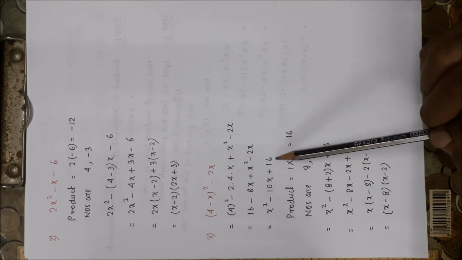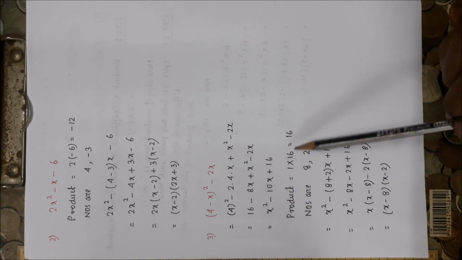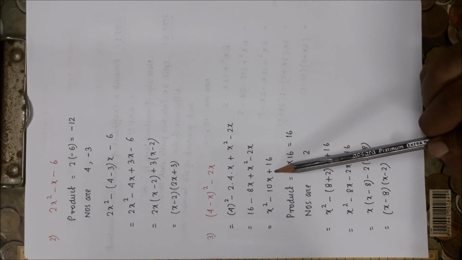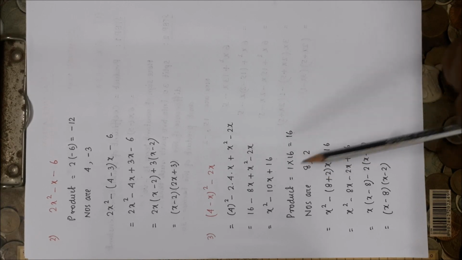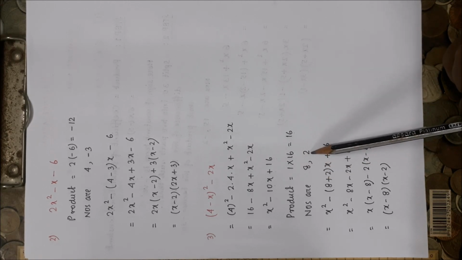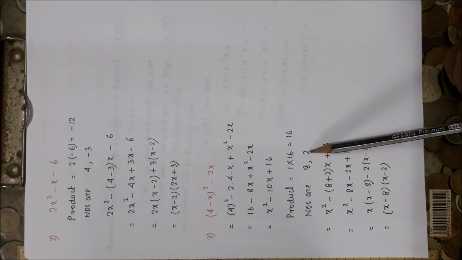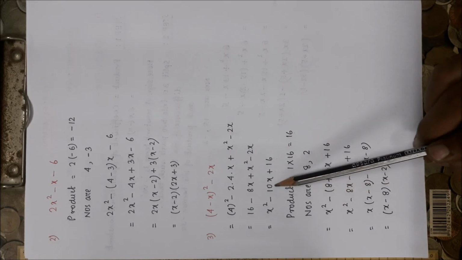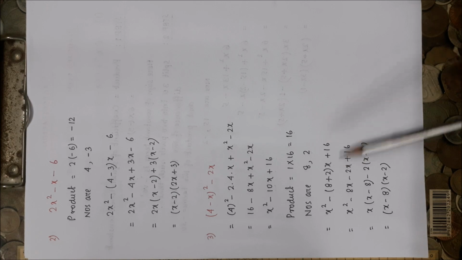Now this is in the standard form. So product will be equal to 1 into 16, and the numbers are 8 and 2 because here the sign is plus. So we need to find two numbers whose sum is 10 and the product is 16. So such numbers are 8 and 2. So x square minus, in place of 10 I am writing 8 plus 2 into x plus 16.